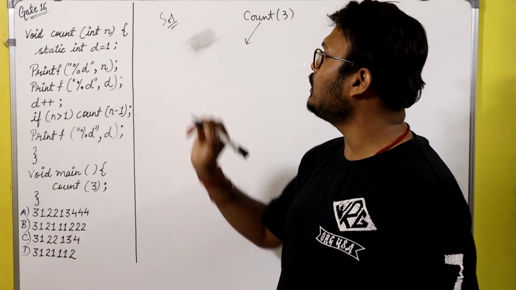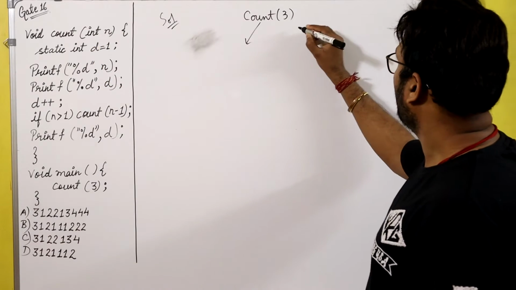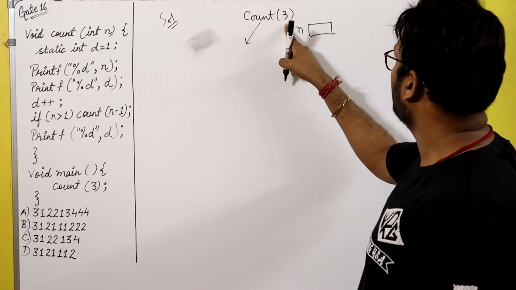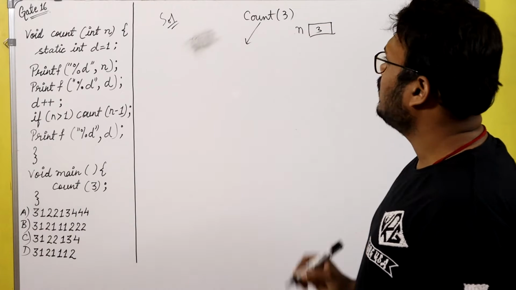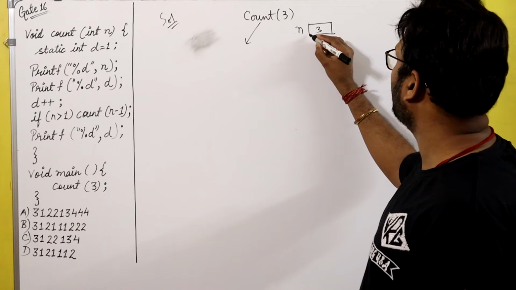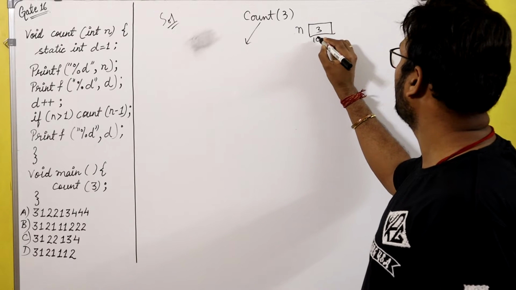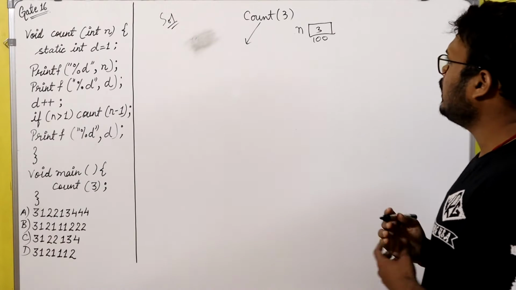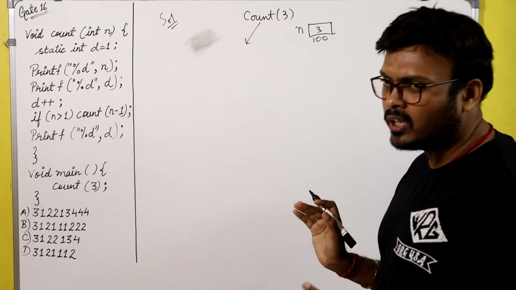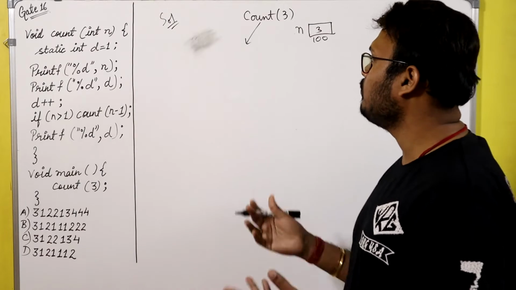Int n is the local variable, which will receive the value 3. For your convenience, let's give the address of this local variable as 100. Actually, it may not be required, but I'm writing each and everything so that you can clearly understand what I am doing.